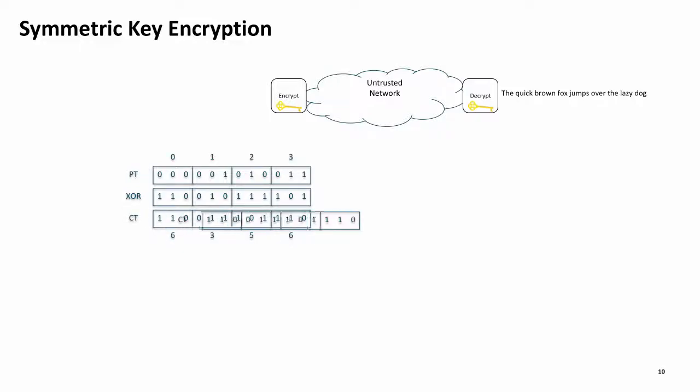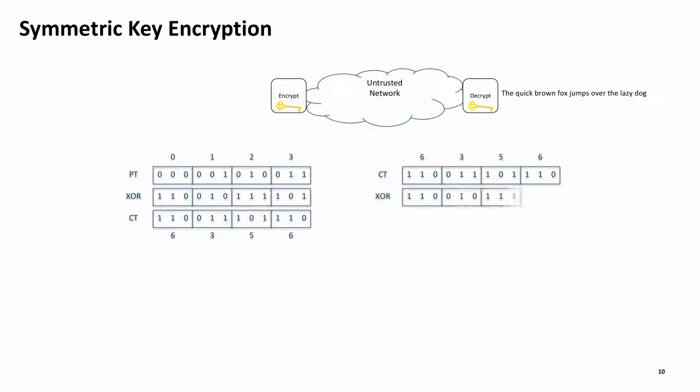Now, we can transport the ciphertext across the untrusted network, knowing that an observer cannot determine the original plaintext from the ciphertext. At the receiving side, we regenerate the bits of the stream cipher using the same pseudo-random number generator. Now we can XOR the ciphertext with the bits of the stream cipher and voila, recreate the plain text.